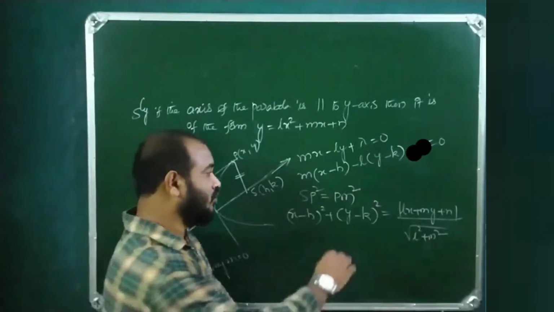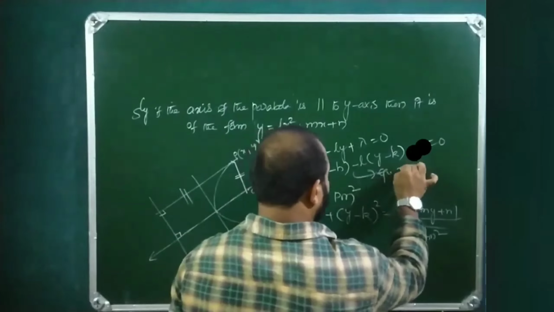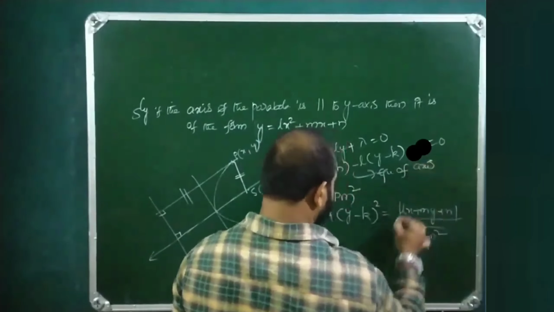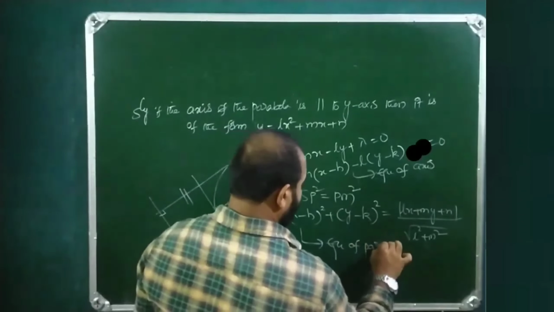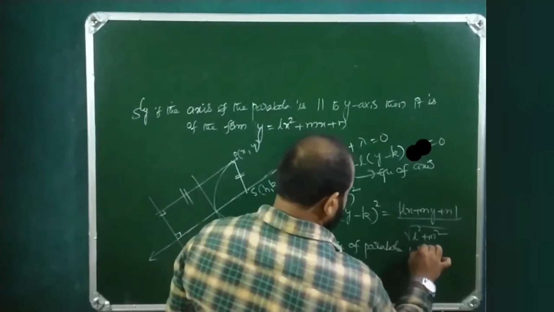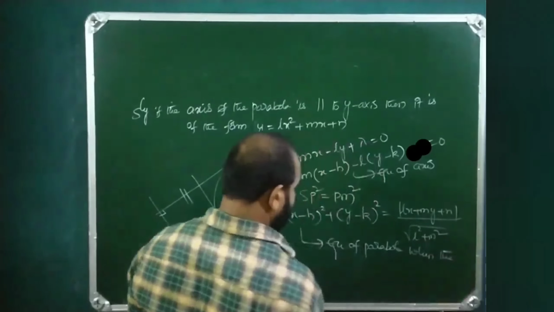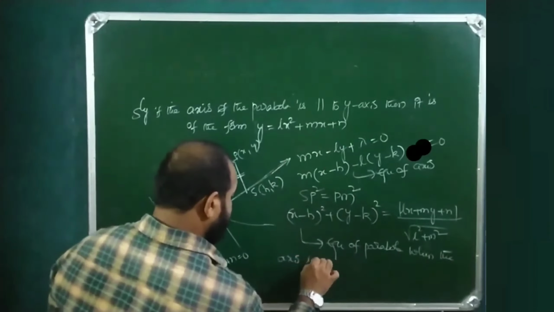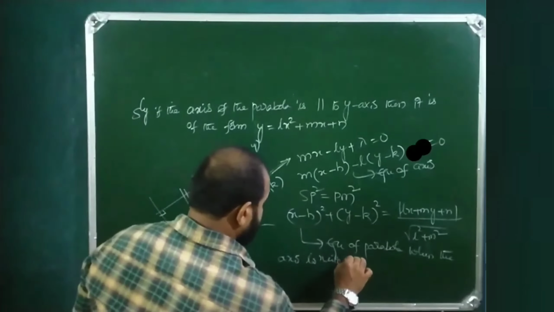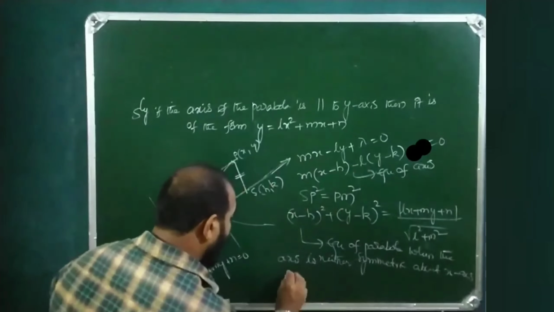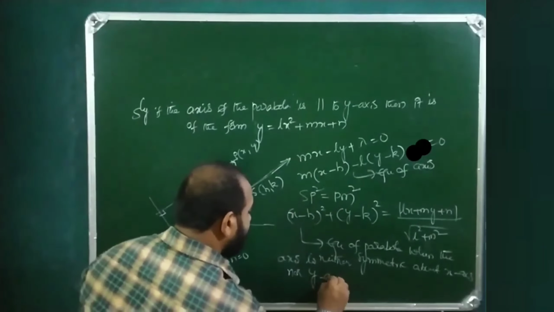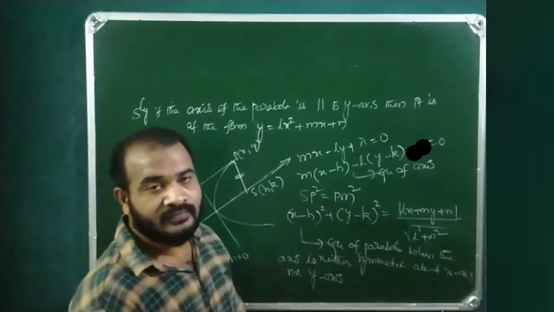This is the equation of the axis, and this is the equation of the parabola when the axis is neither symmetric about x-axis nor y-axis. Thank you.